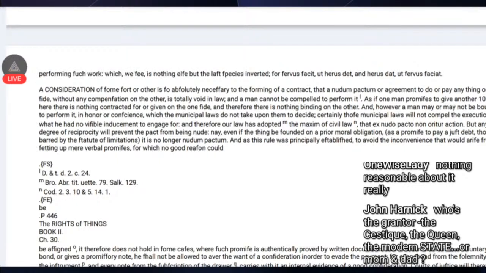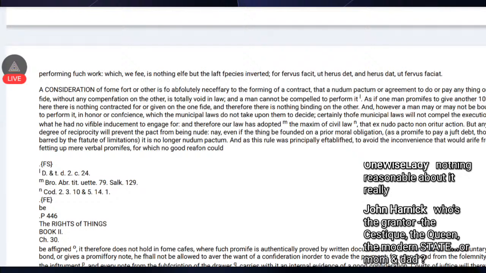And however a man may or may not be bound to perform it in honor or conscience, which the municipal laws do not take upon them to decide, certainly those municipal laws will not compel the execution of what he had no visible inducement to engage for, and therefore our law has adopted the maxim of civil law, that ex nudo pacto non oritur actio. So out of a naked agreement, no action arises.